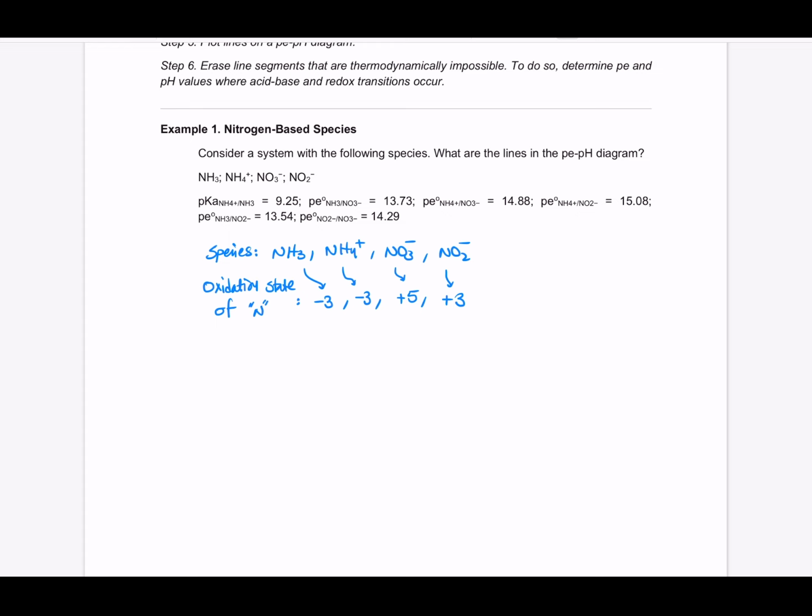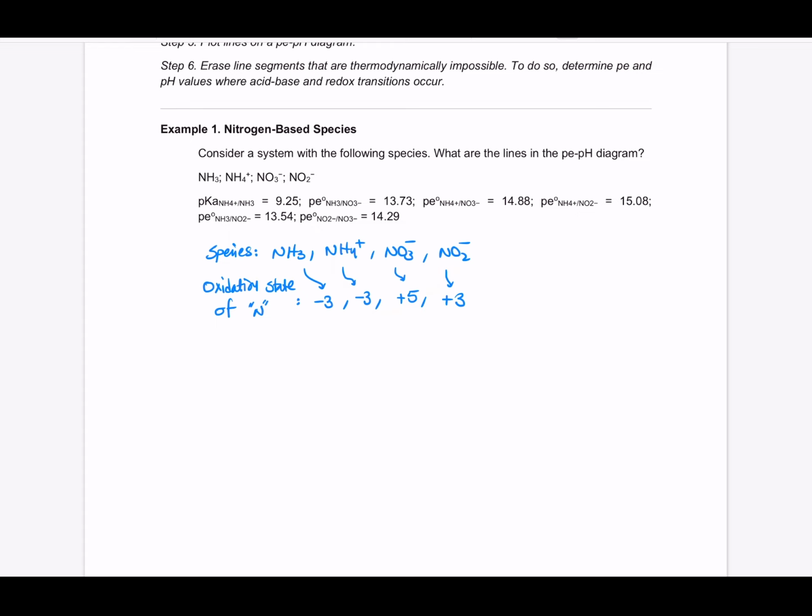The species are there in the system. We don't have any control on the kind of reaction that might be involved. Why not ammonia and nitrate? They could, because minus 3 and 5. How about ammonia and nitrite? It could. Ammonium and nitrate, the same logic, and ammonium and nitrite.